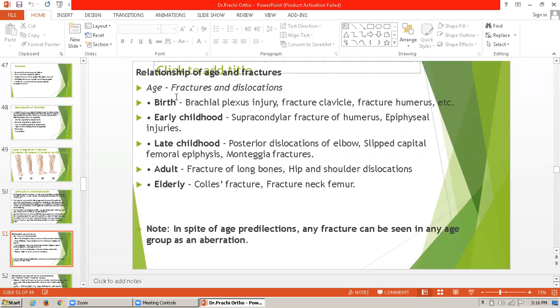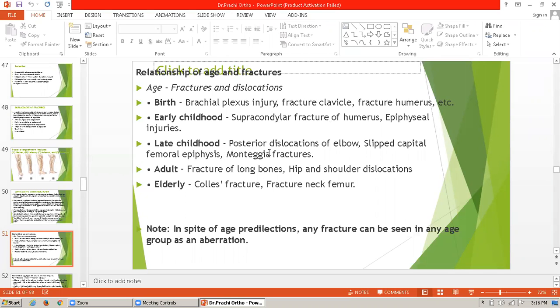At birth, there is brachial plexus injury, fracture clavicle, fracture humerus, etc. Then in early childhood, supracondylar fracture of the humerus and epiphyseal injuries.